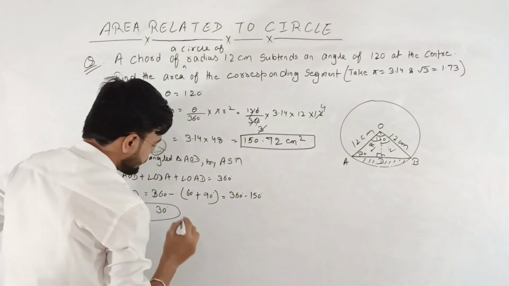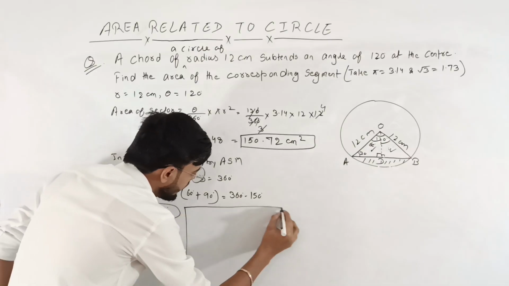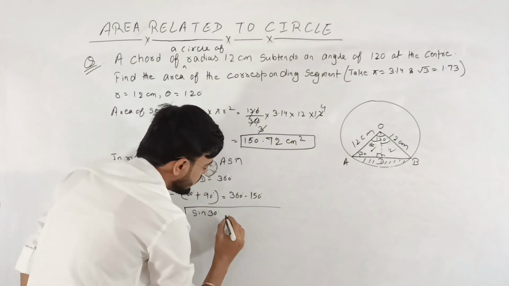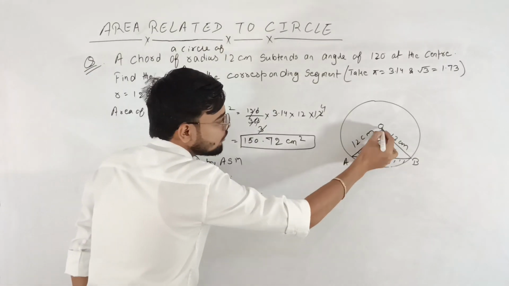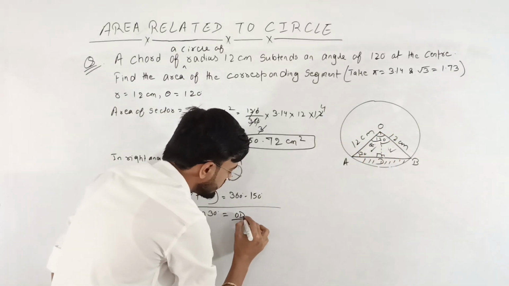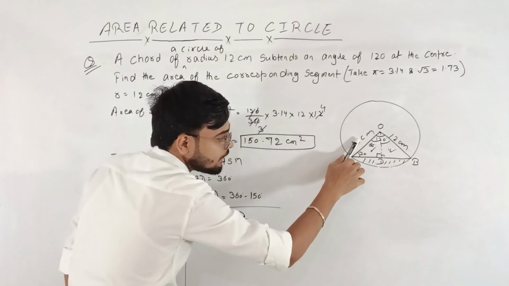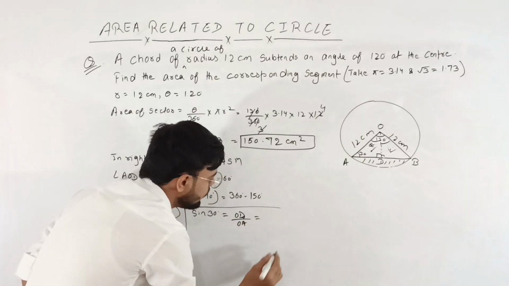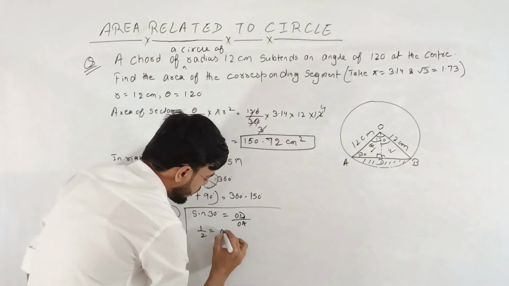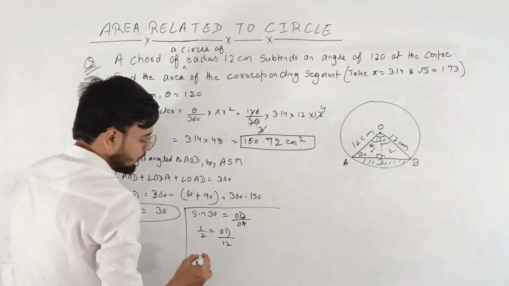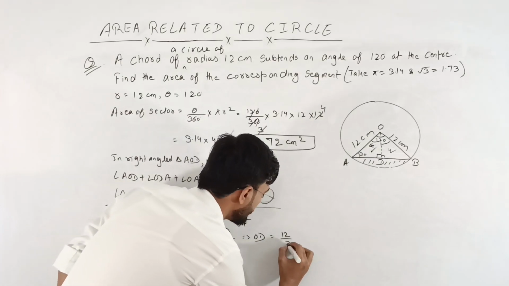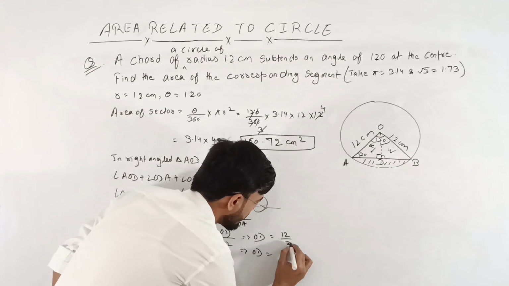So sine 30 degrees is P upon H. P is OD, and the hypotenuse is OA, because this side is opposite to 90 degrees. Now sin 30 is 1 upon 2, equal to OD upon OA. We have to find OD, and OA is given, that is 12. So from here OD is 12 upon 2, which is 6.